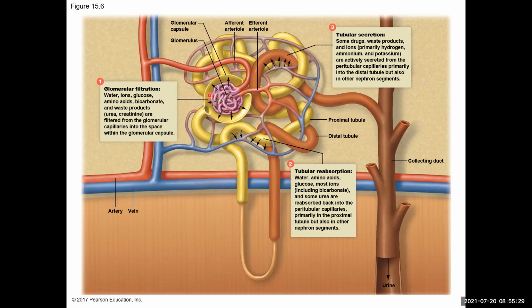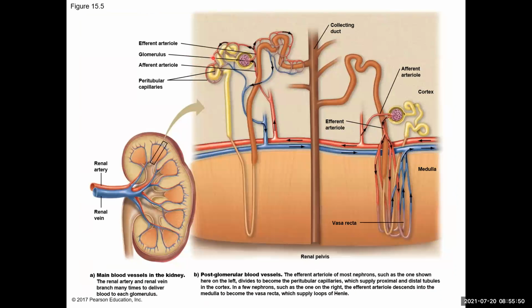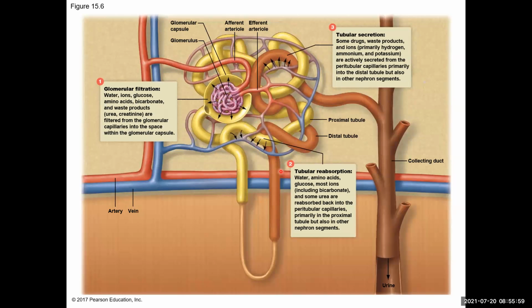Now, once that filtrate enters the capsule from the glomerulus, it then travels through the proximal tubule. And in the proximal tubule, that tubule comes into contact with the capillaries. All right, so the peritubular capillaries, remember, that go around the proximal tubule. It's a little easier to see in this image. And so there's a tubular reabsorption that happens there.